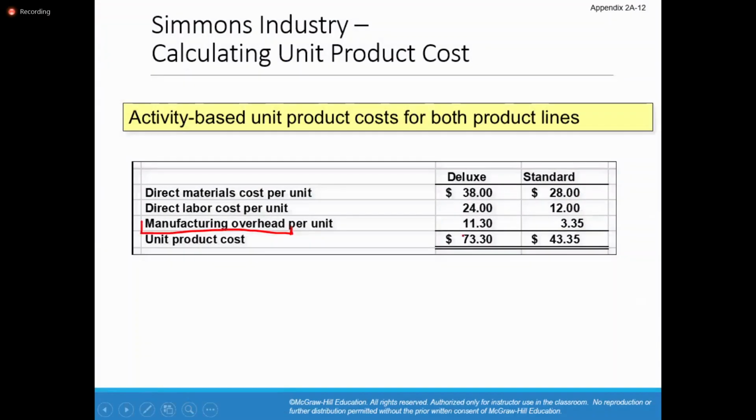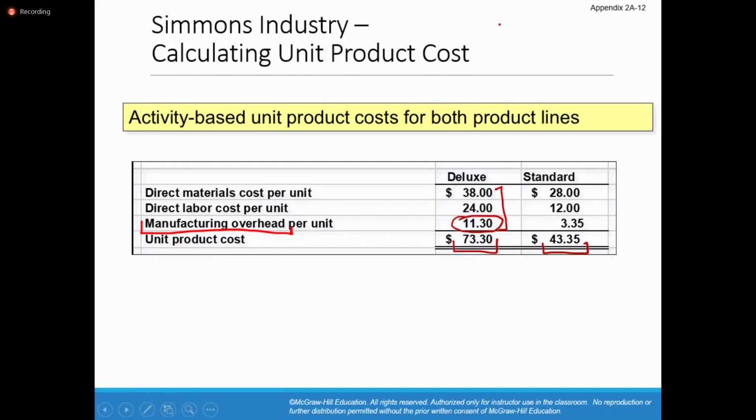So you will see that when we are dividing 1.13 million by 100,000, overhead cost per deluxe product is $11.30, and if you sum up all this, you will get 73.3, and similarly 43.35 for the standard category of Hedge trimmer.